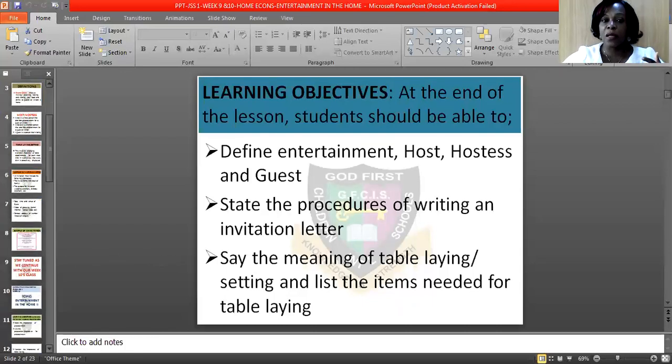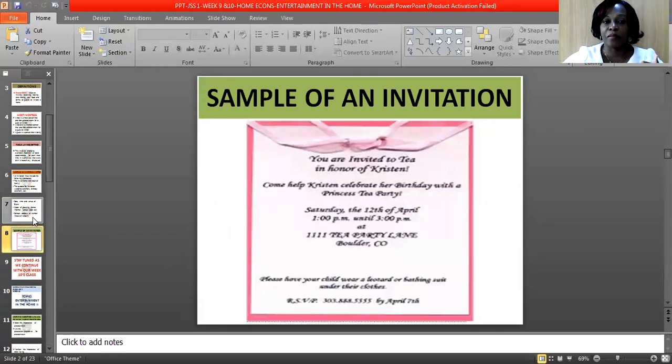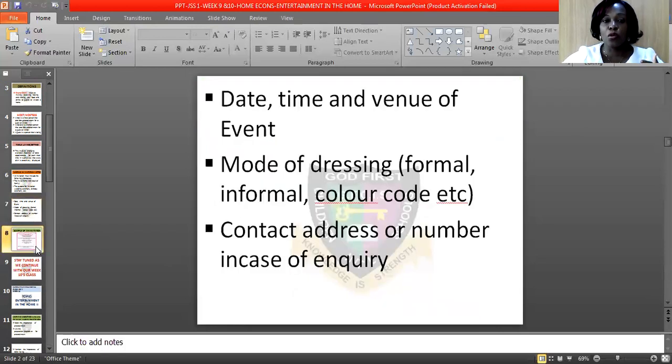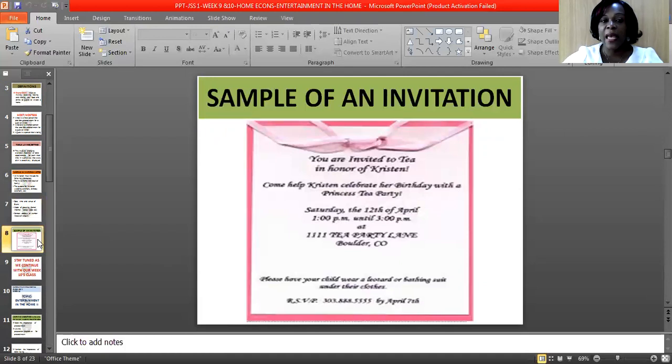Do you understand? All right, let us quickly look at this invitation letter again. You can see how it looks very simple and nice, and that is how an invitation letter is supposed to be.